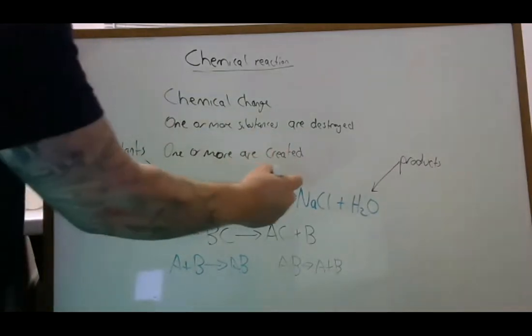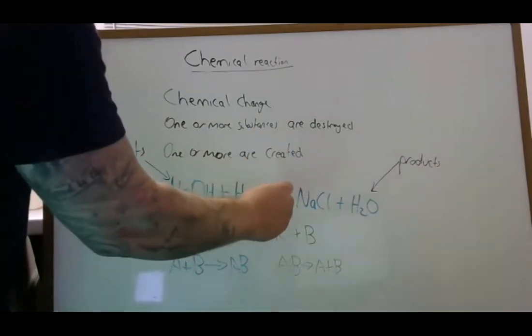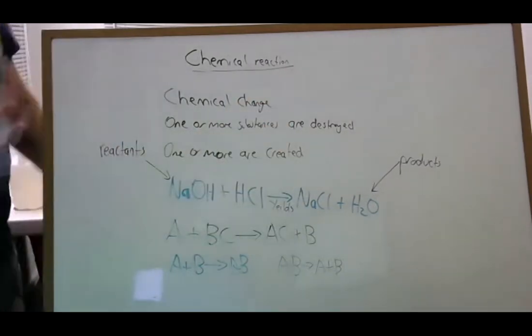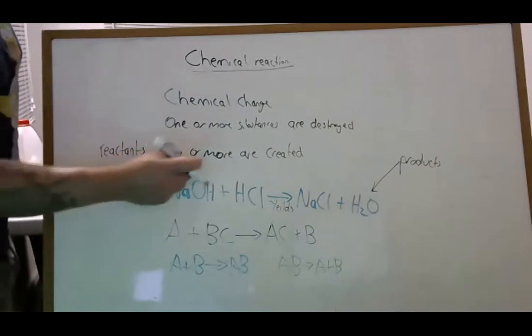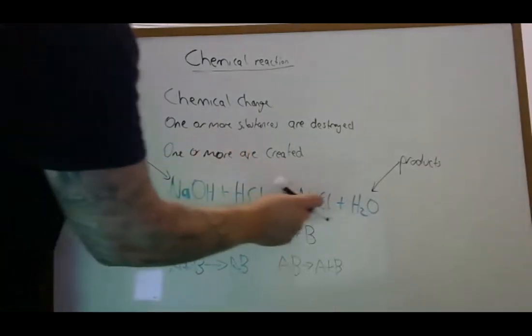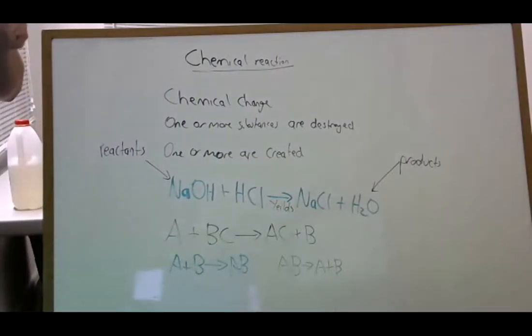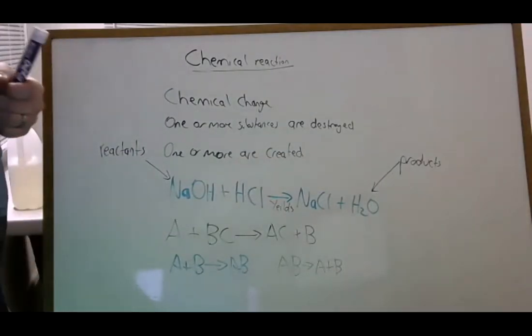This arrow stands for yields. So if I mix this and this, it yields these two products. A little bit of terminology for you.